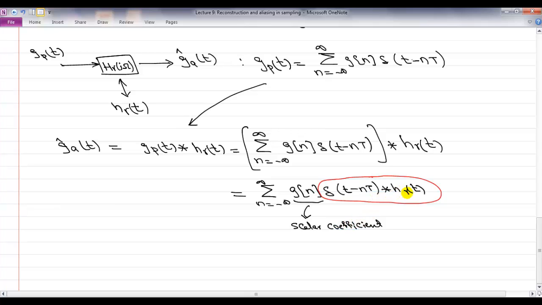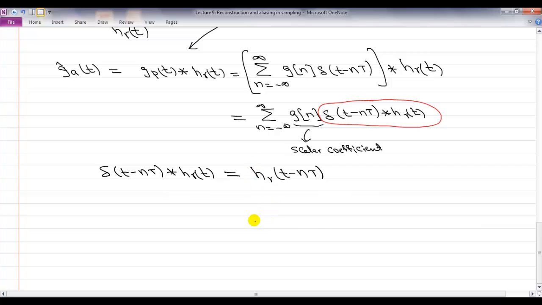You are convolving H_R of t, which is the impulse response of your filter, and right now I'm not saying what the filter is, it could be any filter. You're convolving that with the delta function. Because of this convolution, we have delta of t minus nT, and when we convolve it with H_R of t, this H_R of t gets shifted to the location of the delta function, so we get H_R of t minus nT.